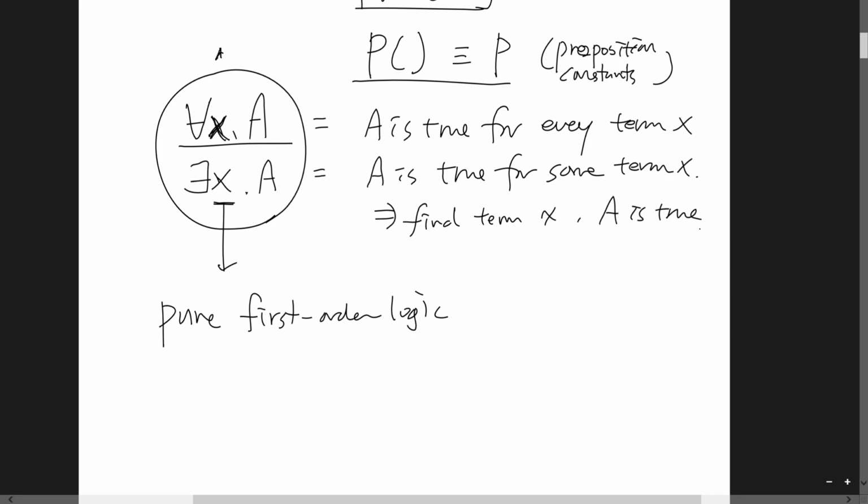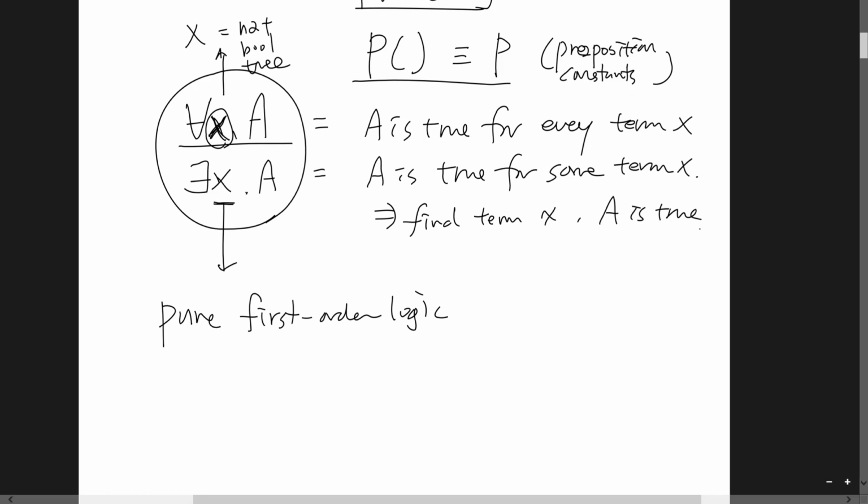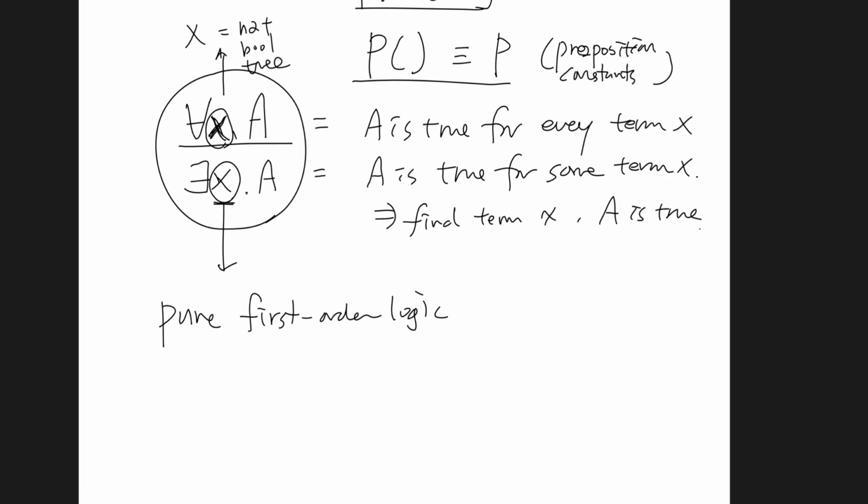We don't say x is a natural number, or we don't say x is a Boolean, or we don't say x is 3. We just say there's some object x, some term x. So later, we will actually extend the syntax so that we can specify the type of this variable x. And that's what type theory is about.